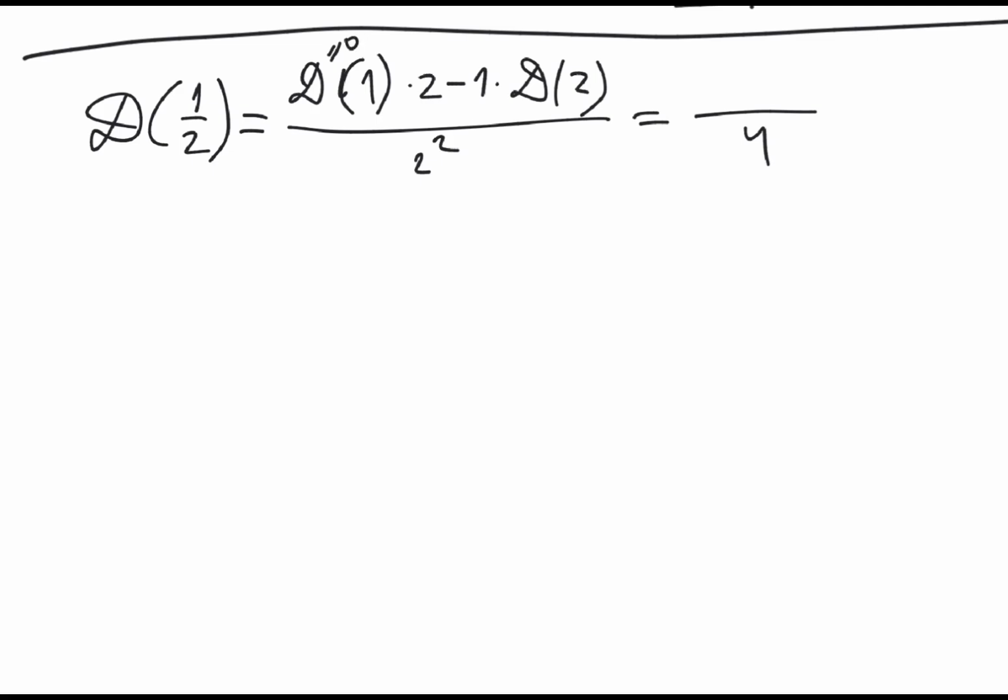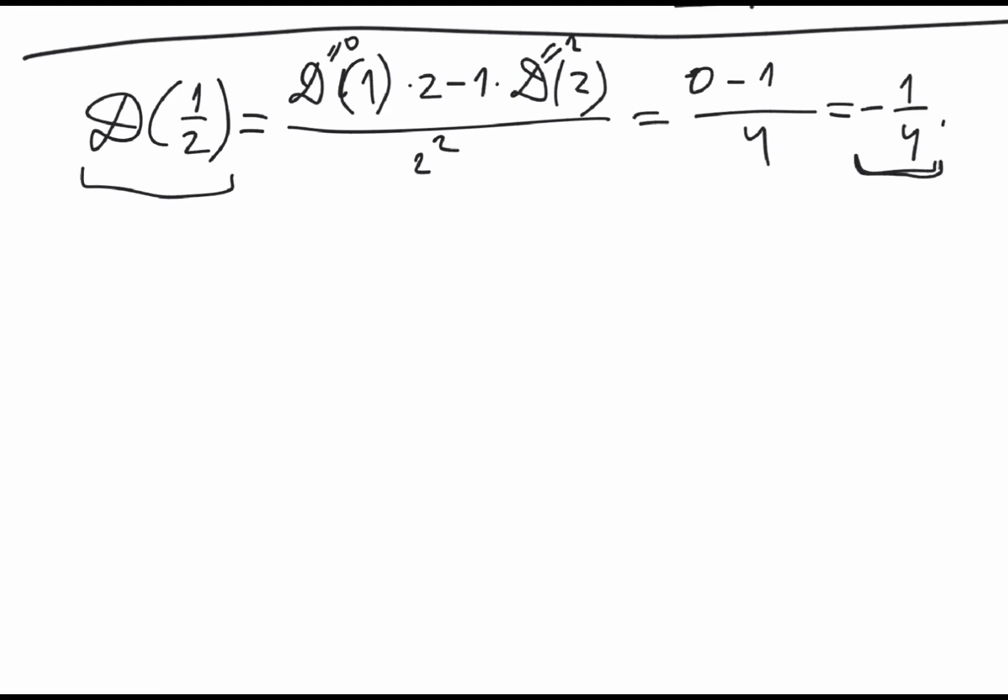This is a well-known property, I proved it in the previous video. So d of 2 is equal to 1 because 2 is a prime number. So what we have here is basically 0 minus 1, right? So this is minus 1/4. Yeah, so this is the answer for what is d of 1/2.